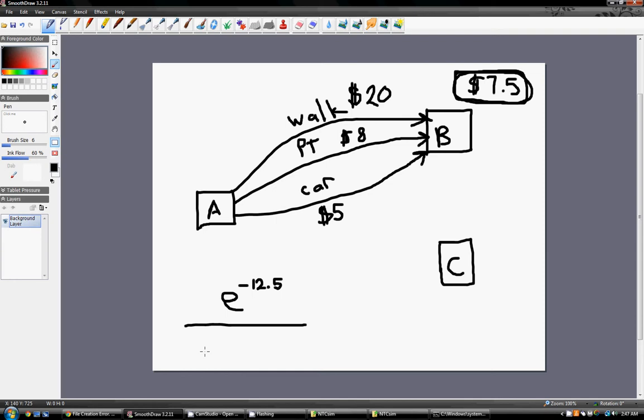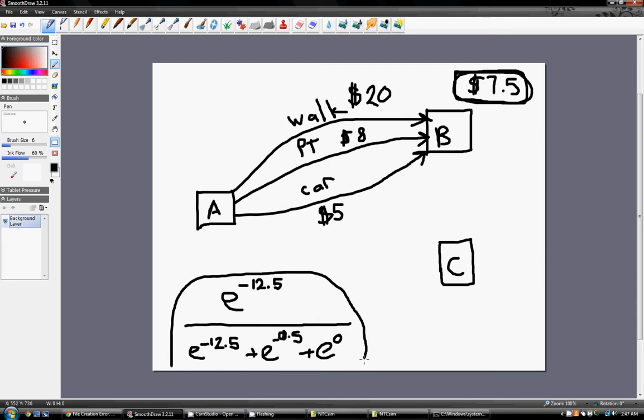And then it's the denominator, just to make sure the probabilities across all the modes sum to 1. It's e to the minus 0.5 plus e to the 0.